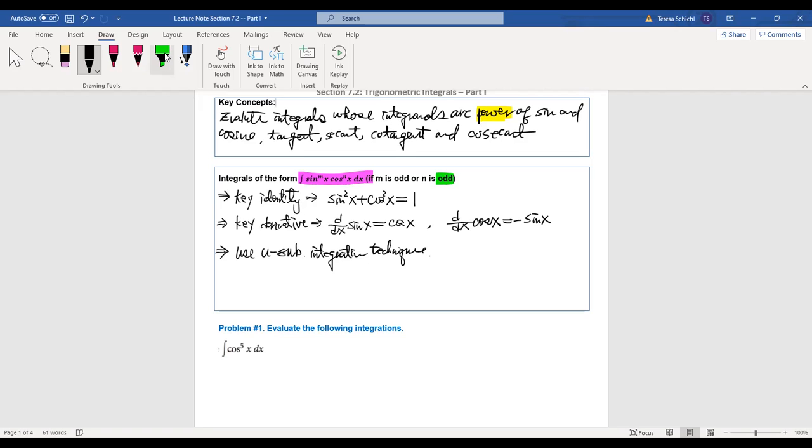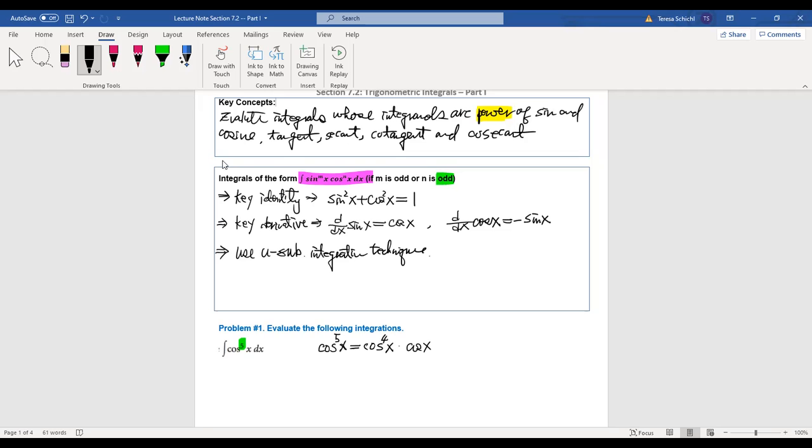Because it's odd, I can take one out. So this will be cosine to the fourth power of x times cosine x.